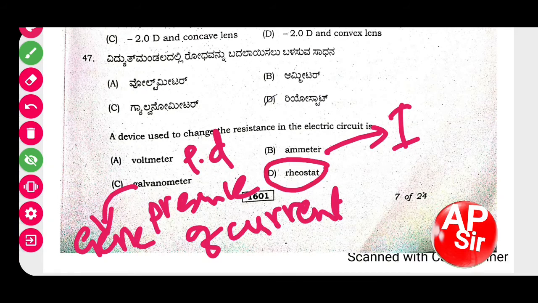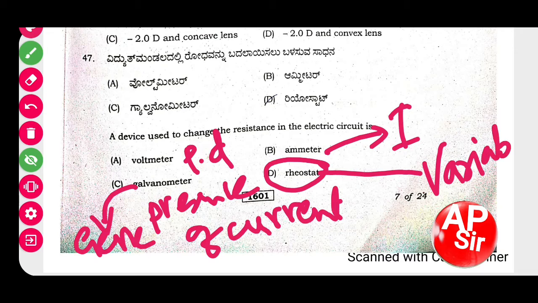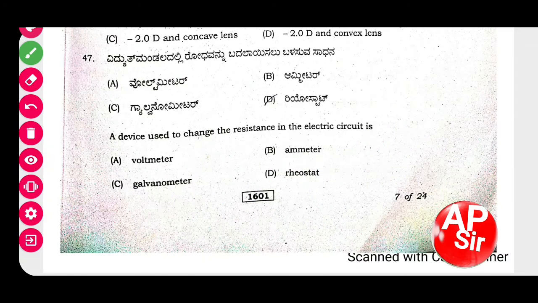The remaining one is the rheostat. In my class I said it is also called variable resistance. It means we can change the resistance without affecting current and voltage. So the answer for this question will be rheostat, D, right?